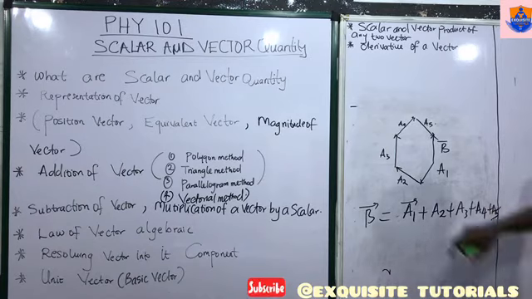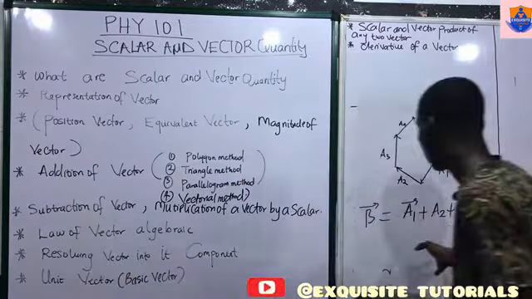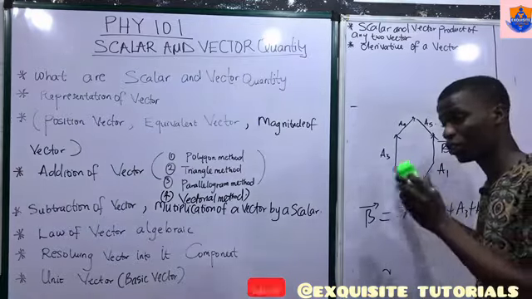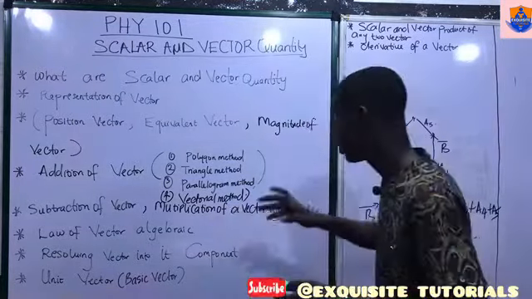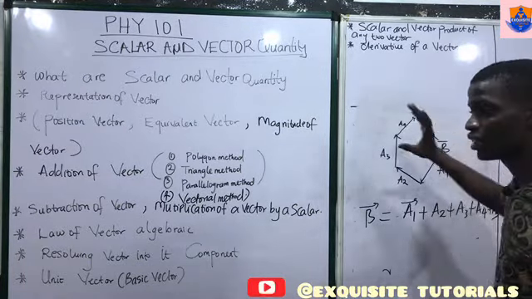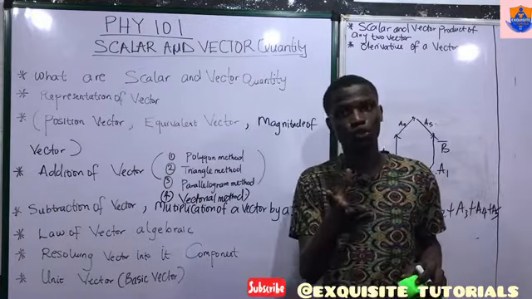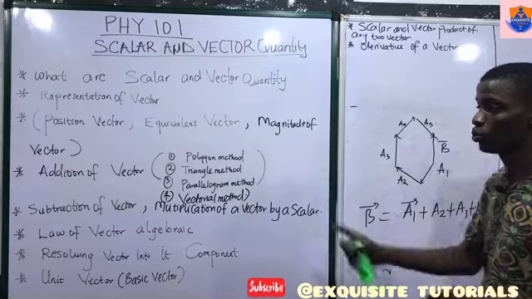If it's more than that, we can also continue adding. This is when you are trying to determine the vector B. In some other cases, they might not tell you to determine the vector form of this B. They might tell you to determine the magnitude of B. That is when the Unibase scheme will come in.